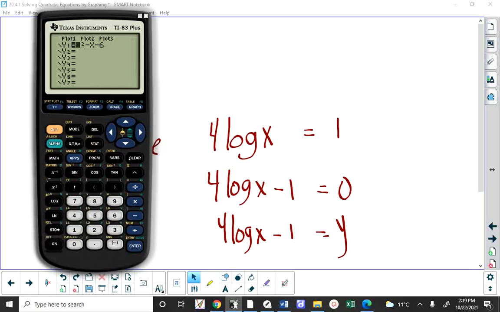Y equals 4. Oh, look at that. There's a log key. Log x, better close the brackets on that, minus 1. Zoom standard. Hey, there's an x-intercept. Can find the x-intercept.